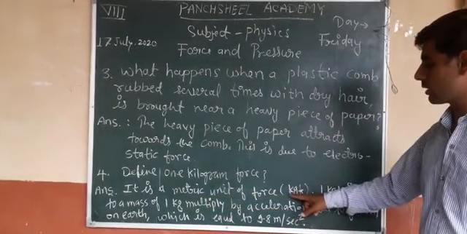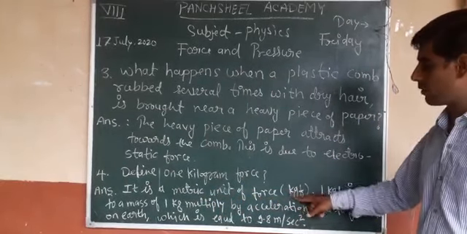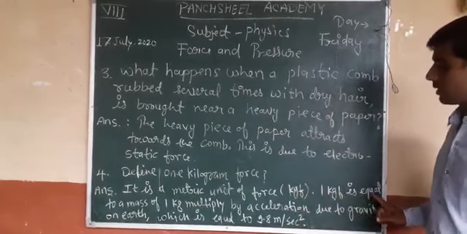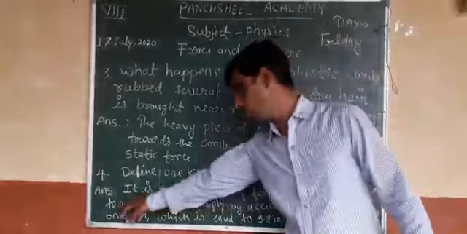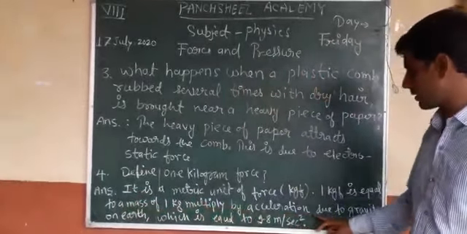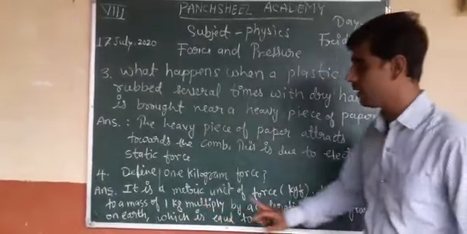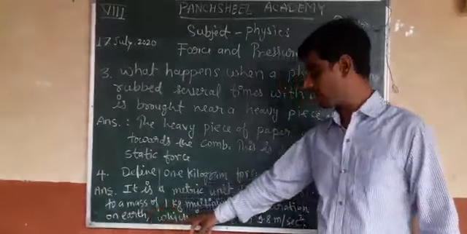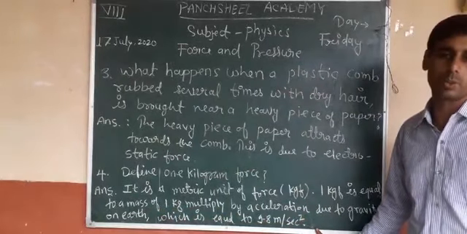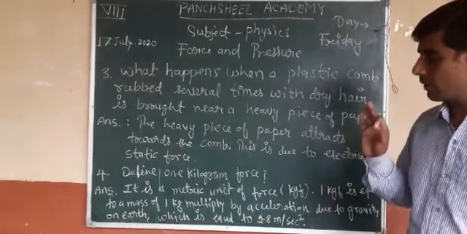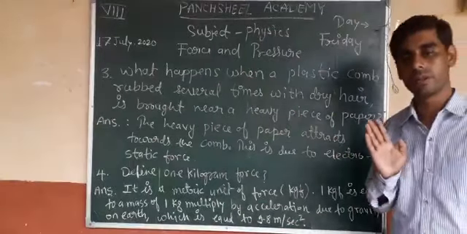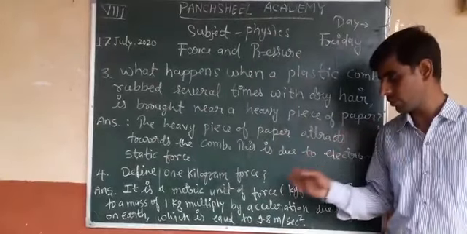Kilogram force is written as kgf. 1 kgf is equal to a mass of 1 kilogram multiplied by acceleration due to gravity on the earth, which is equal to 9.8 meter per second square. Okay, 1 kgf is a metric unit for the measurement of force.